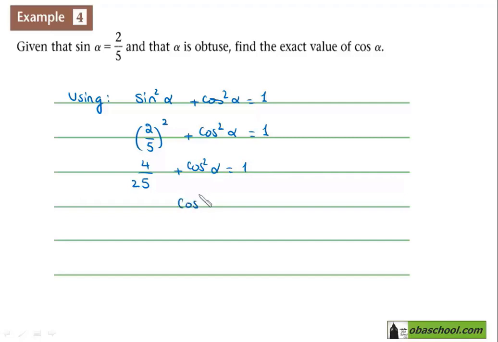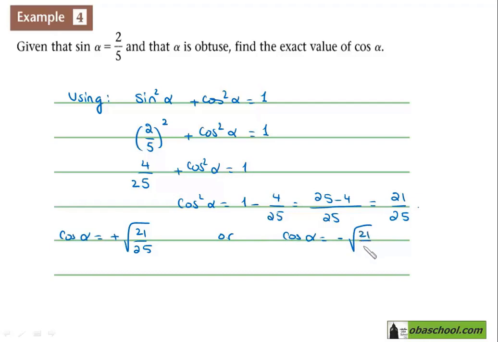Therefore, cosine squared alpha is 1 minus 4 over 25. So 25 minus 4 over 25, the value is 21 over 25. Therefore, cosine alpha is either positive square root of 21 over 25 or negative square root of 21 over 25.